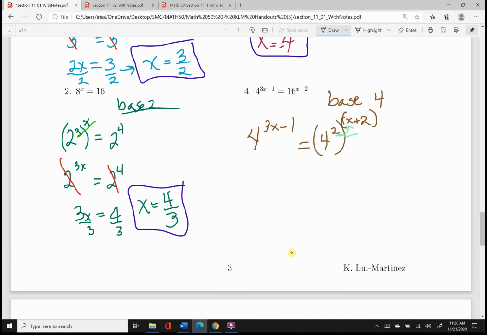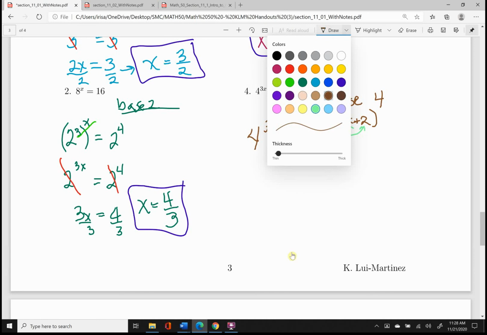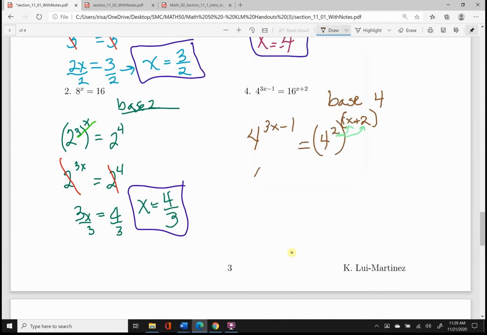So we will rewrite this as 4 to the 3x minus 1 power equals 4 to the 2x plus 4 power, distributing this exponent over the binomial exponent of x plus 2.